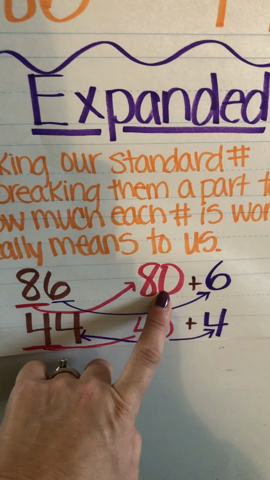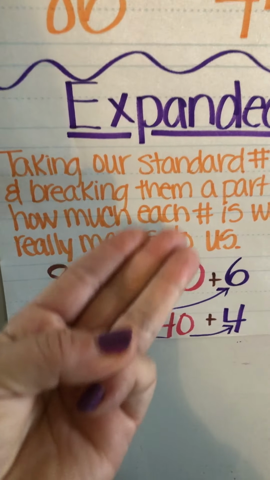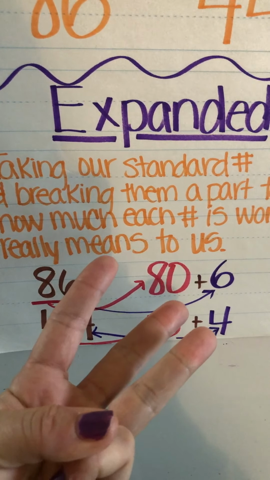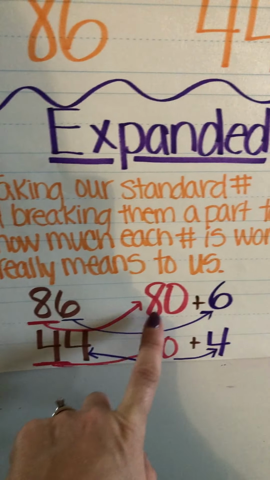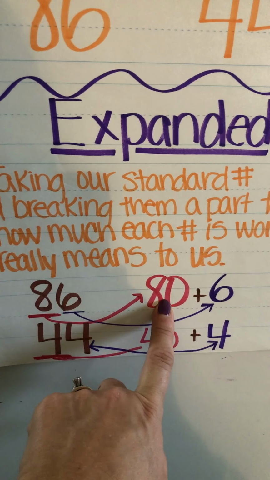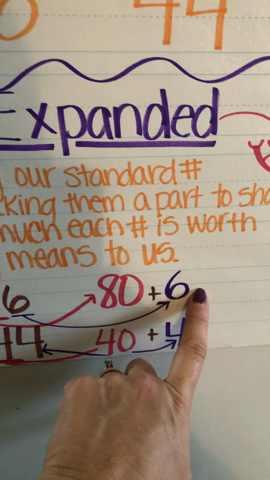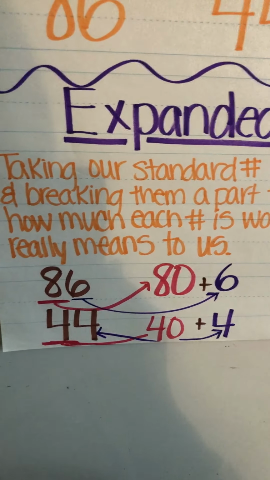Right? And it represents 80, right? So we would go 10, 20, 30, 40, 50, 60, 70, 80, right? So that 8 in that tens place means really we're talking about 80. And then in the ones, we have 6 ones, okay? So we have a total of 86.